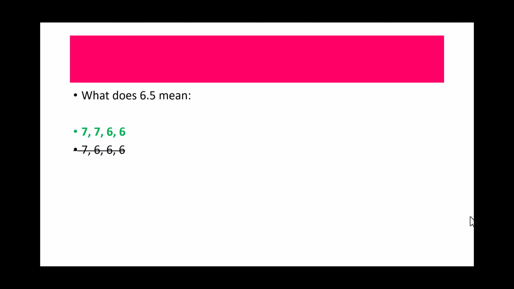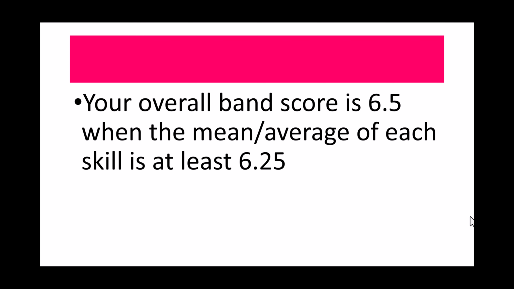For example, listening, reading, 7, and speaking and writing, 6. Your overall band score is 6.5 when the mean or average of each skill is at least 6.25. Less than 6.25, it would be 6.